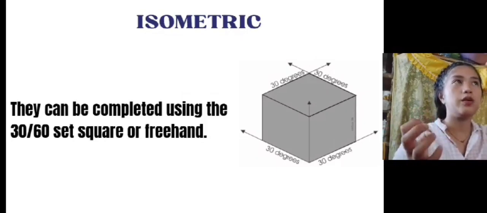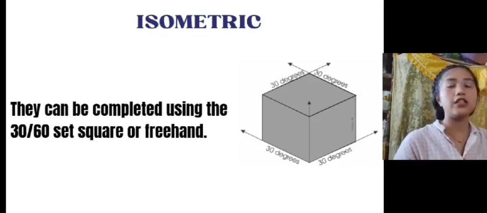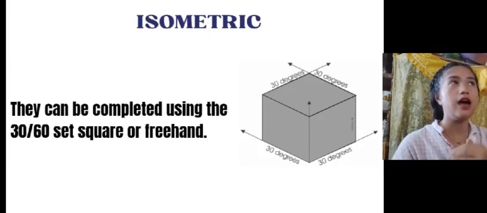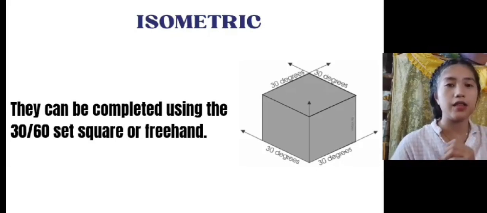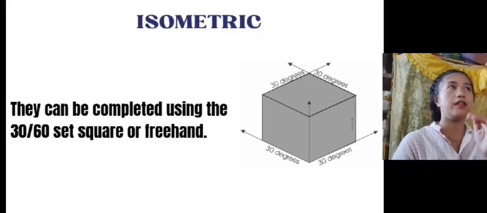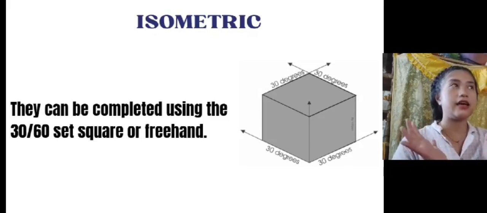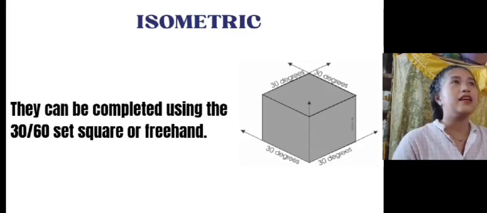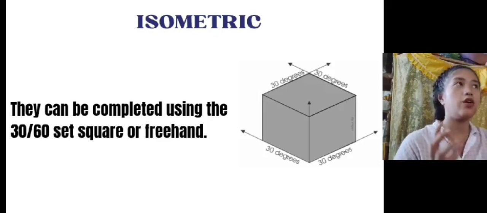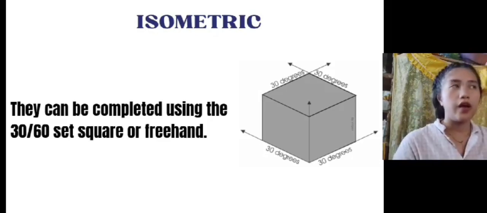This drawing uses three main lines called isometric axes. Isometric axes is the name for the three main lines used in isometric drawing. One line goes straight up, and the other two lines go to the sides at a 30-degree angle. Isometric drawing can be made using a 30/60 set square or drawn freehand.